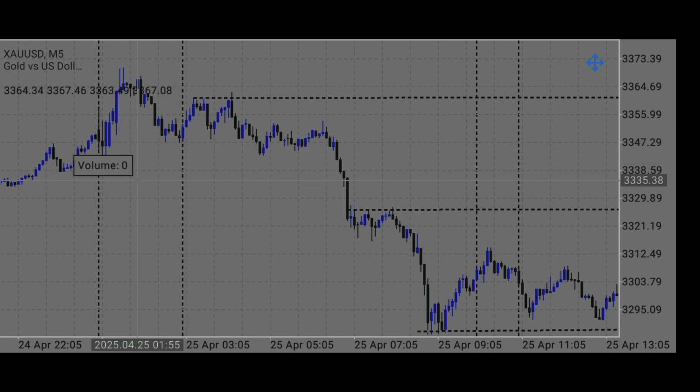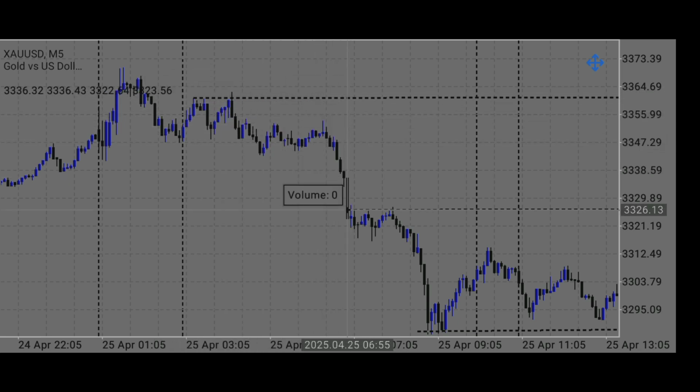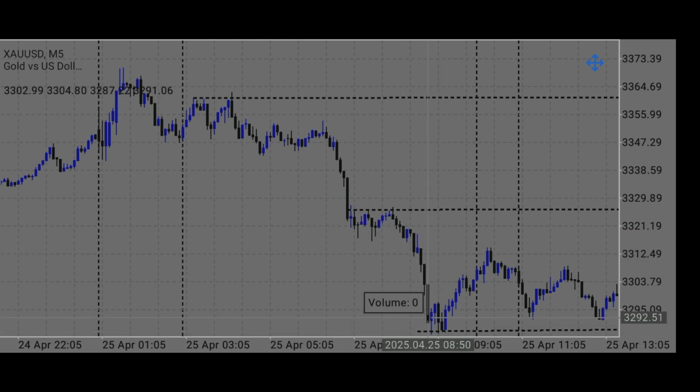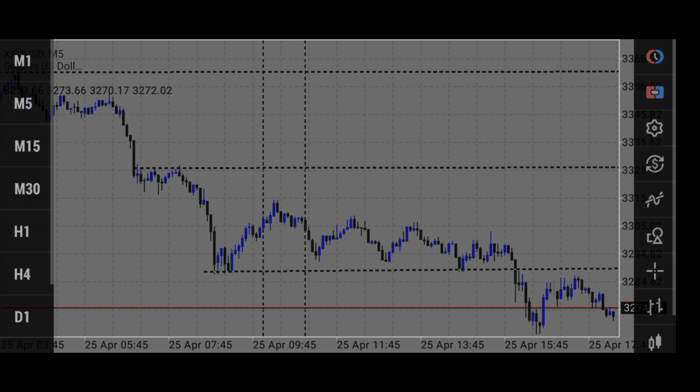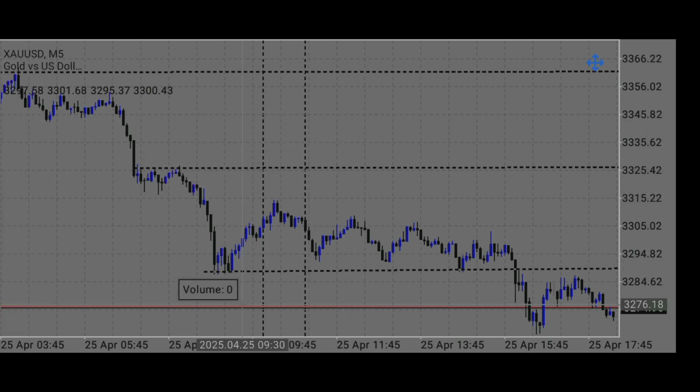Okay, so this is the 4th April candle. Oh, it's 24th, 25th April candle, 24th day of April. This is an Asian Sydney session. Asian started here, high of the Asian. This is also a short-term high of the Asian. This is a low. This is also a low.